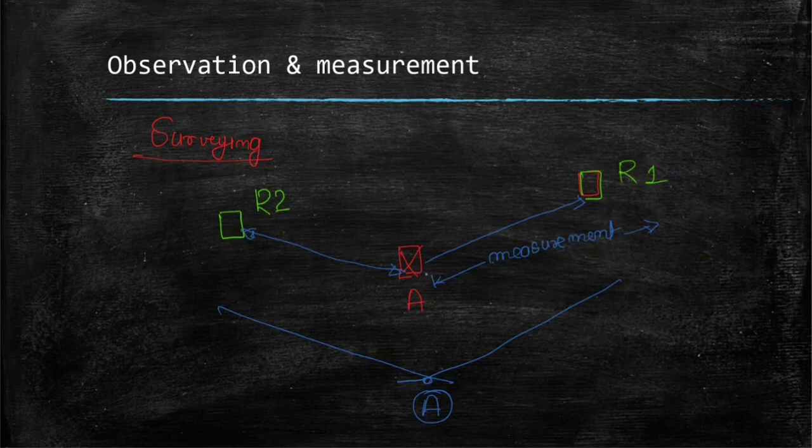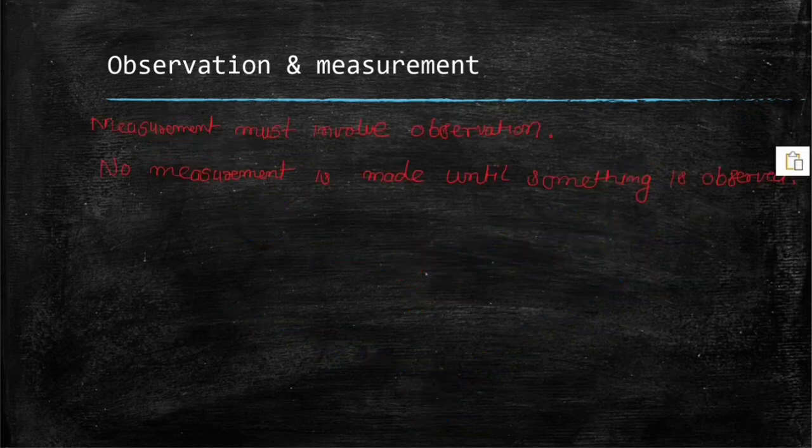It is very important to understand the difference between observation and measurement and how they relate to each other. Read these two sentences: measurement must involve observation, and no measurement is made until something is observed. I'll try to explain what these sentences convey.